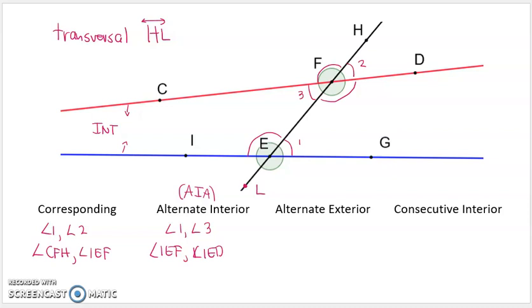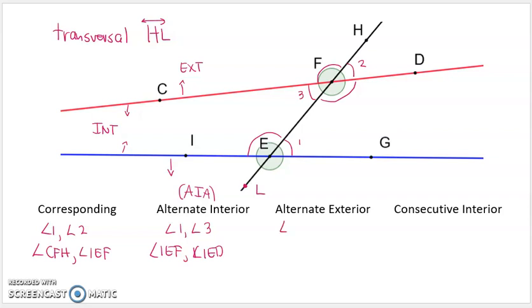Alternate exterior, again, what the name implies. Alternate means they're on opposite sides of the transversal. Exterior means they lie outside of these intersected lines. So this is the exterior portion.